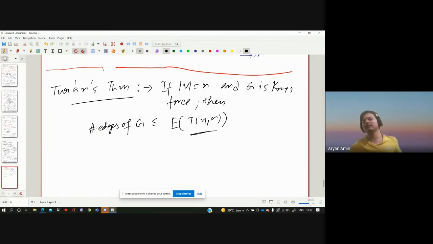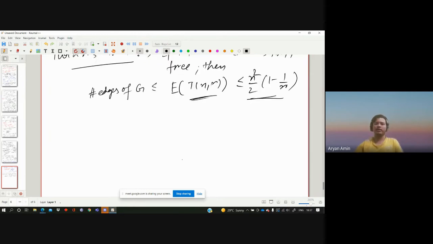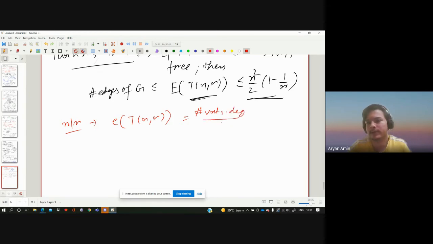Also, you can prove that this value, E of T(n, r), is at most n squared over 2 times (1 minus 1 over r). I'll leave out the proof, it is quite easy, and you can try it by yourself. For r dividing n, what is E of T(n, r)? It is the summation of vertices times degree, divided by 2.